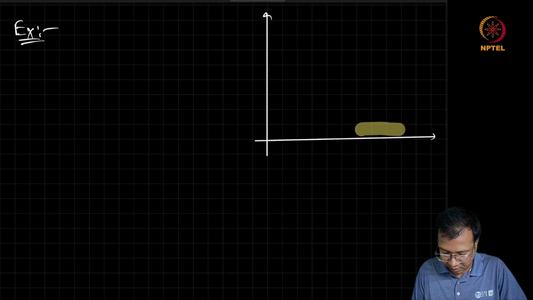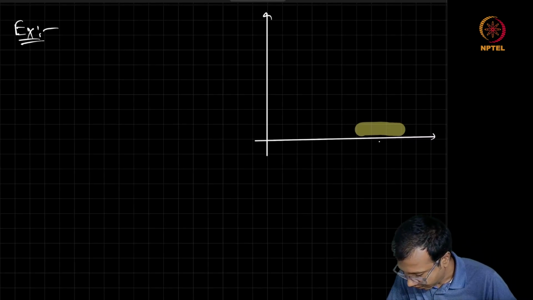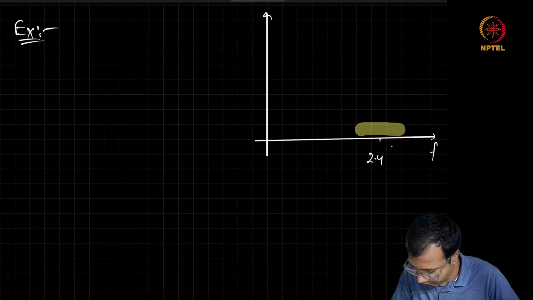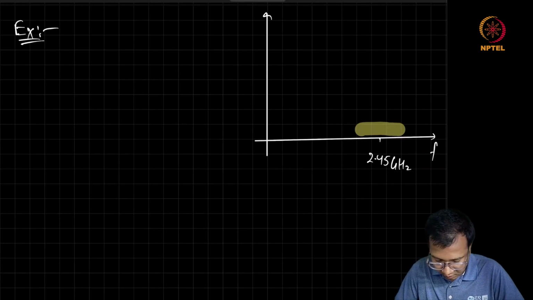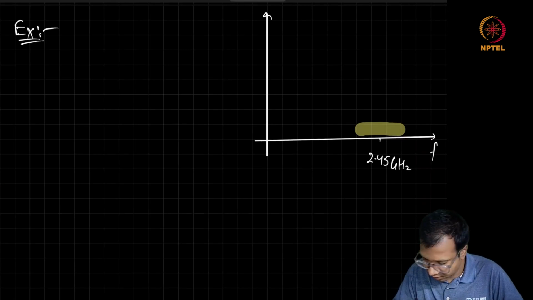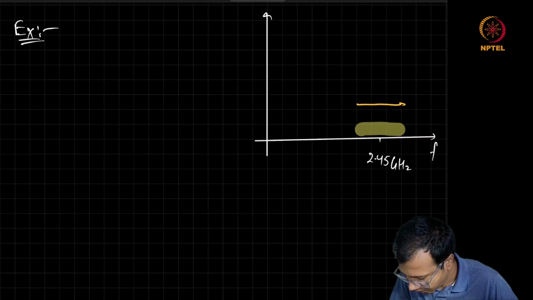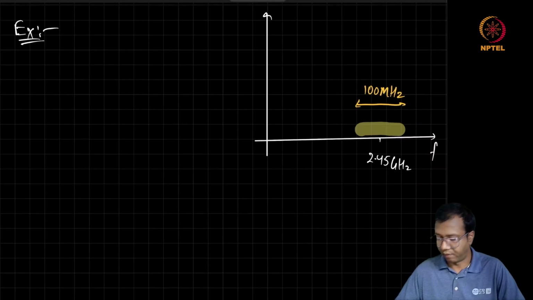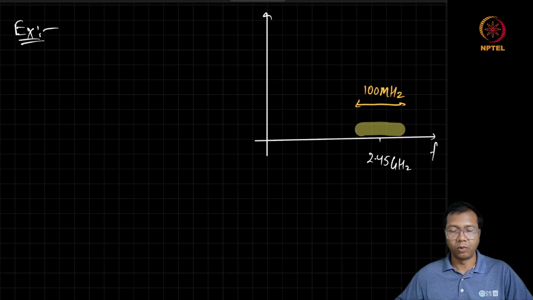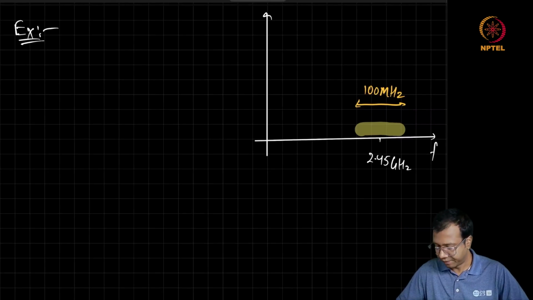Let's take the example of a Wi-Fi signal in the ISM band around 2.45 gigahertz. This signal spans, let's take a simple round number, 100 megahertz. So it starts from 2.4 and this band stops at 2.5 gigahertz.